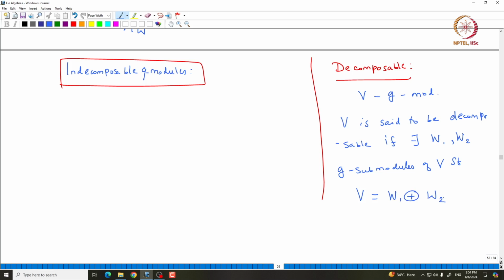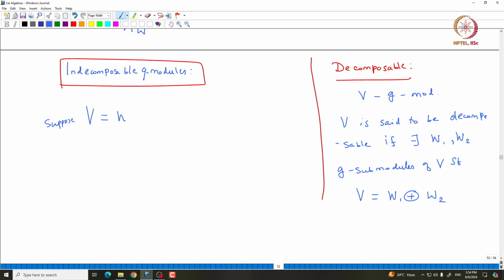In that case we say that V is a decomposable G module. And what is an indecomposable G module? If V cannot be written as W1 direct sum W2 for any non-trivial G submodules, then we call V indecomposable.